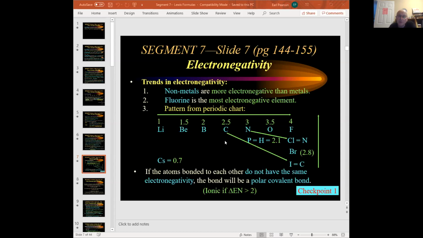And remember also the little rule of thumb that I told you. If it's not one of these first rows, no matter where the elements are located on the chart, no matter whether they're metals or non-metals, whichever one is closest to the right-hand side of the chart will have the higher electronegativity. I've checked this out over and over again. I've not seen it published anywhere, but I did notice it from work that a colleague did at Western Kentucky.